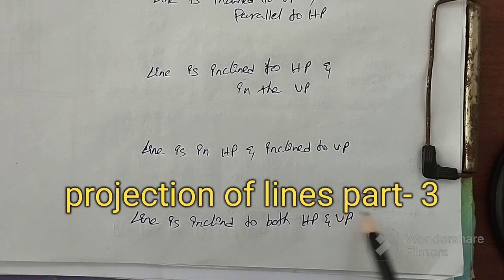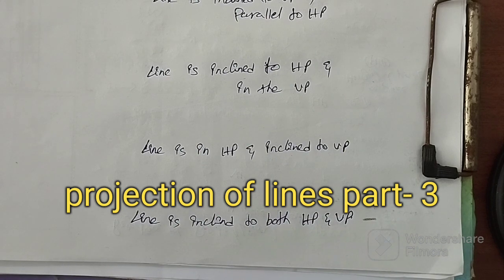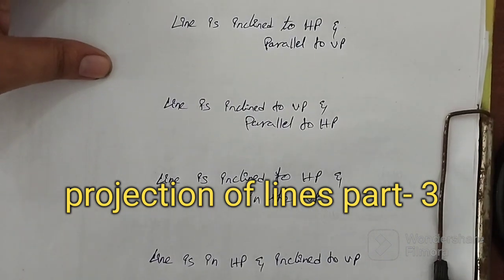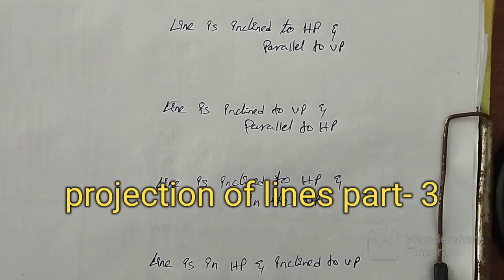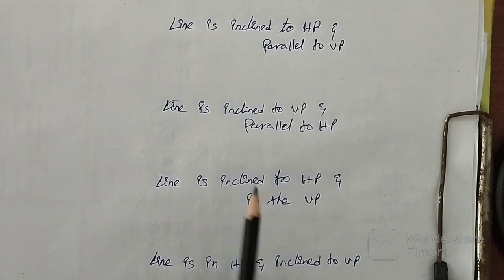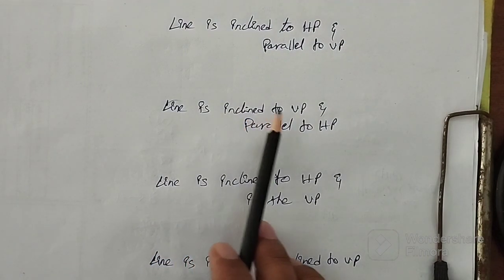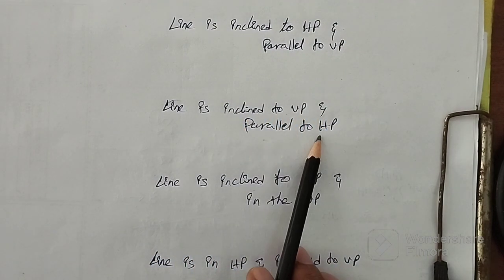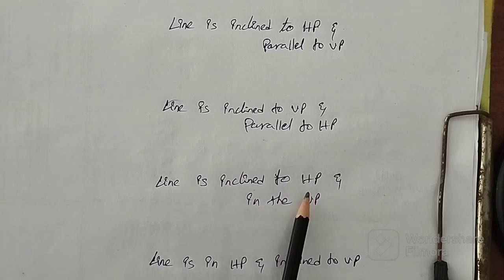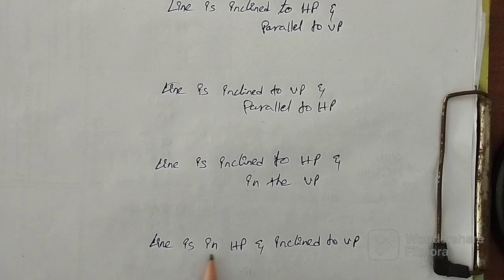This last one is a special case that we will deal with in a separate video. Today we shall discuss these 4 points: line is inclined to HP and parallel to VP, line is inclined to VP and parallel to HP, a line is inclined to HP and in the VP, and the last one, line is in HP and inclined to VP.